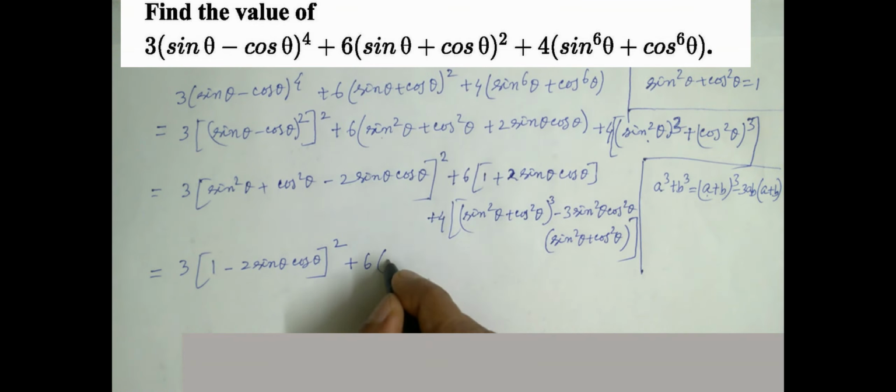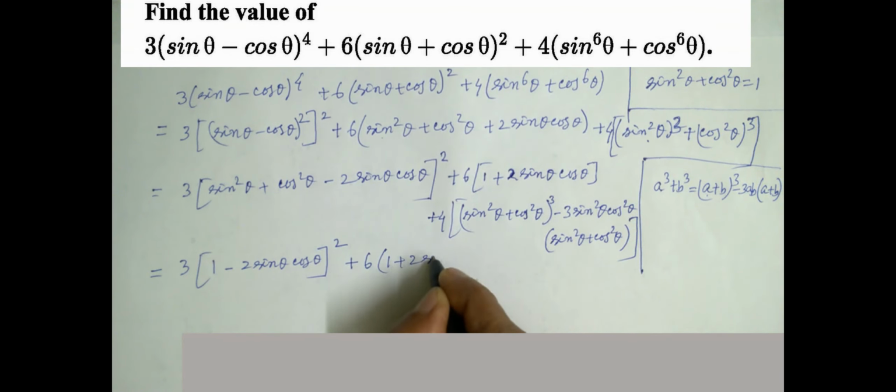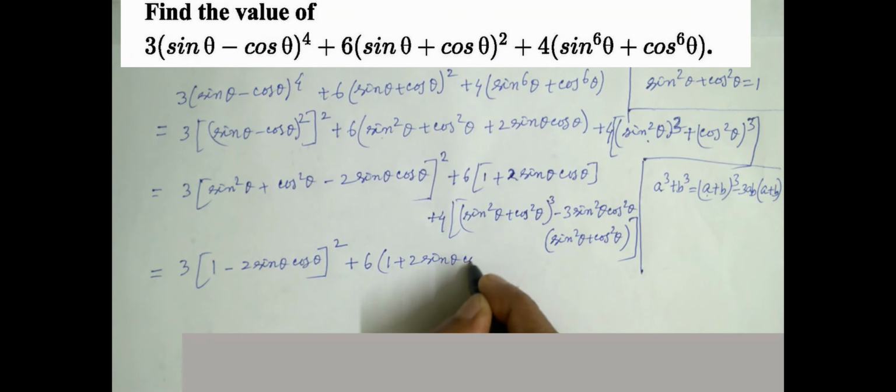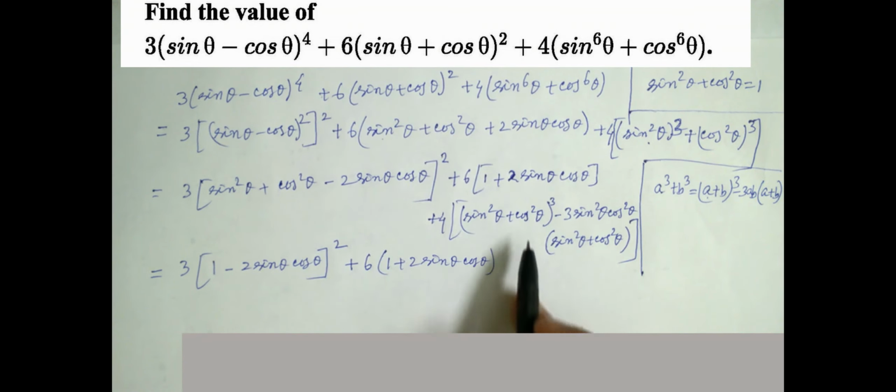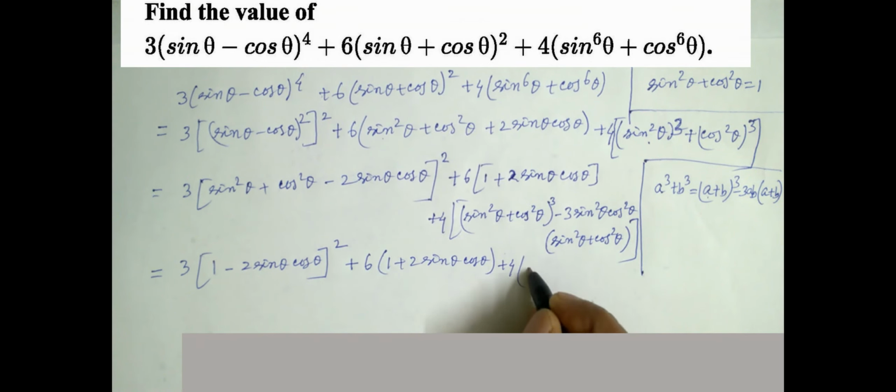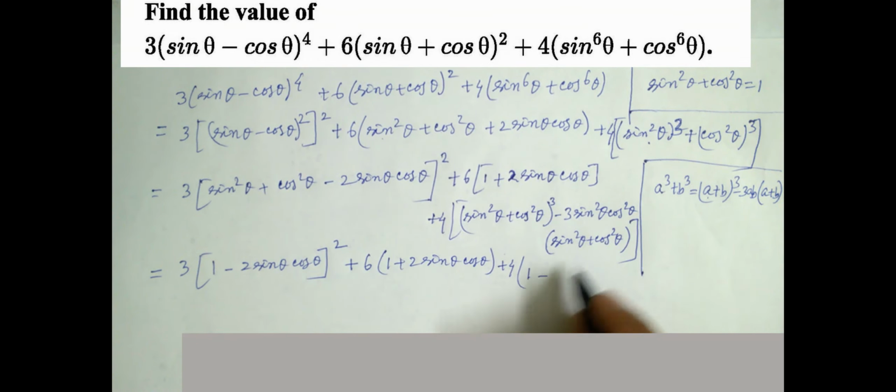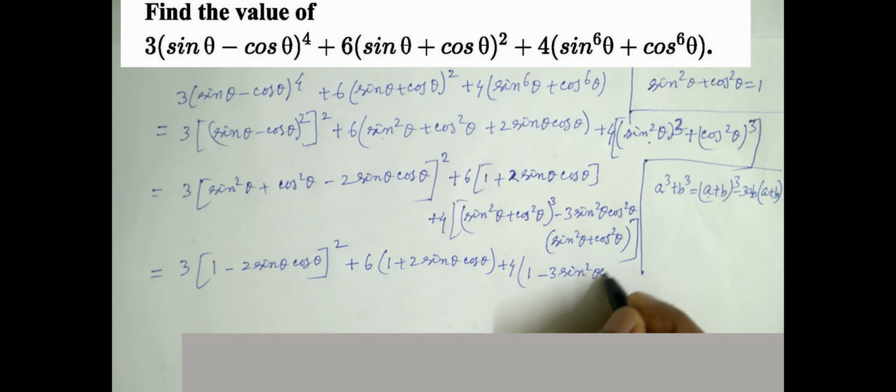Now writing this way: one whole cube means 1, 4 into 1 minus 3 sin² θ cos² θ into (sin² θ + cos² θ), which is 1.